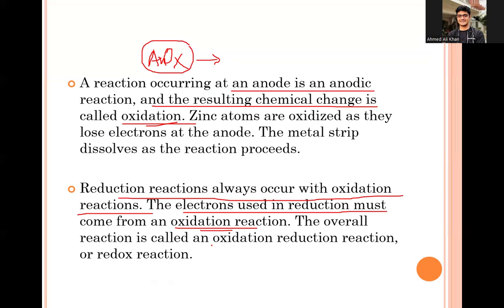So at the cathode, the positively charged ion will gain those electrons and it will be reduced, right? So the overall reaction is an oxidation reduction reaction, otherwise known as a redox reaction, right? So we'll discuss more about the principle of electrolysis in the next video.